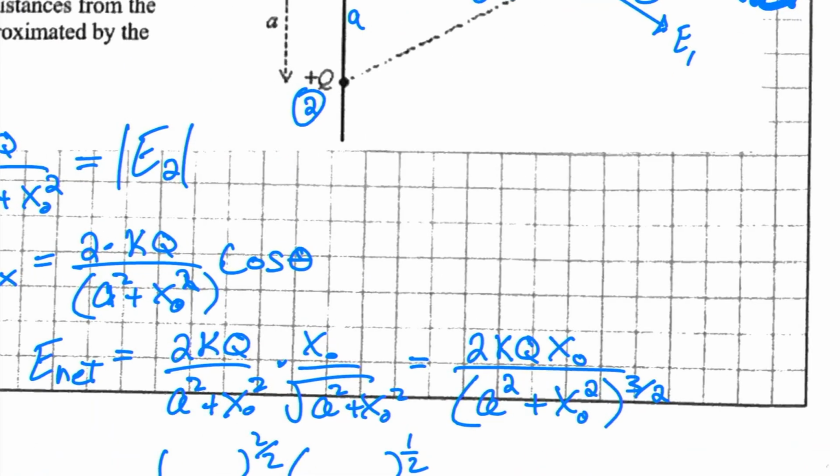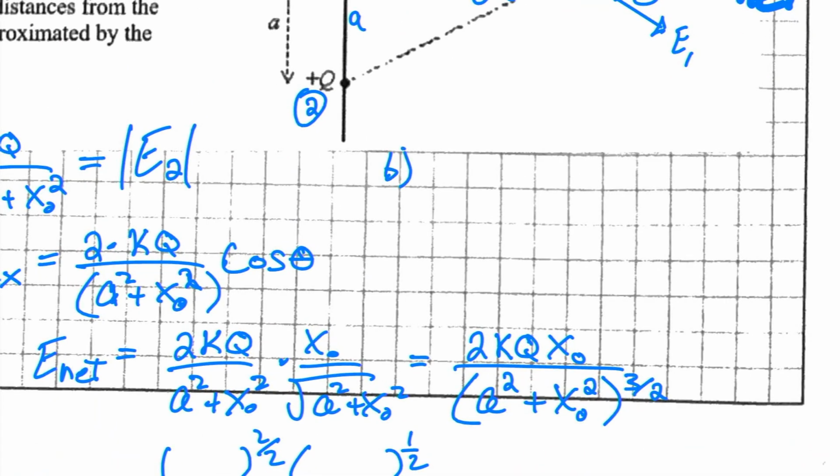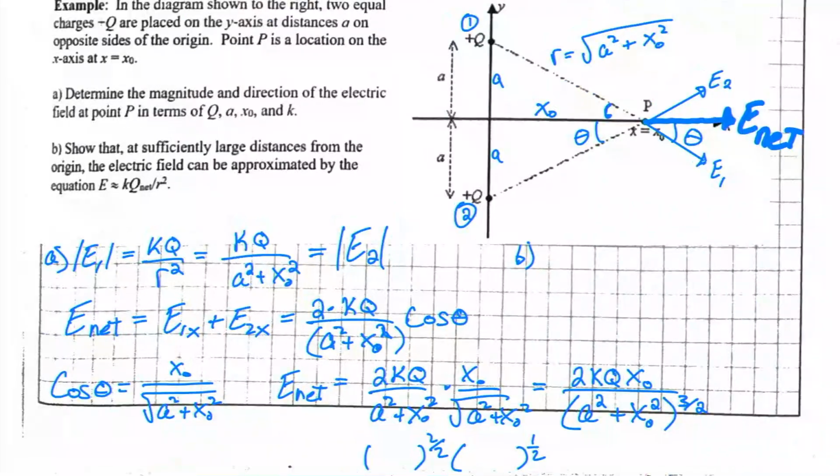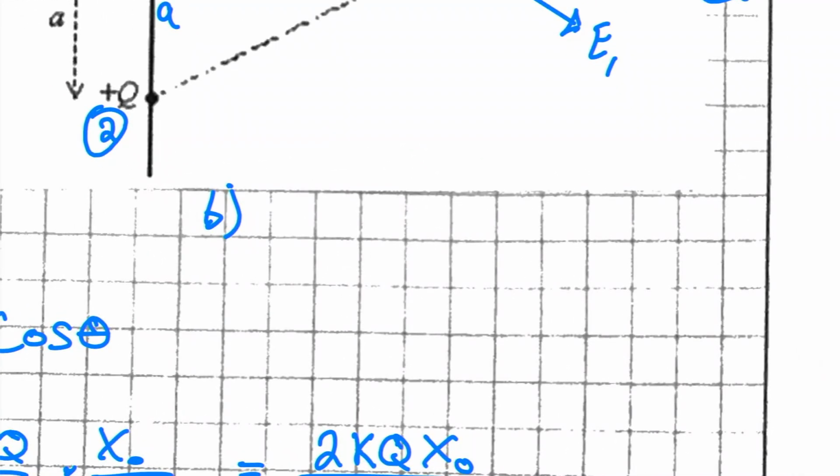Last part of this is to show that at sufficiently large distances, we can use kq over r squared. So as x naught gets larger, we could say as it goes to infinity, or we could just say as it gets larger, because we're not going to go all the way to infinity.